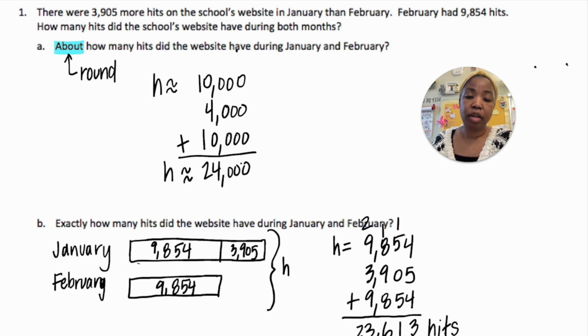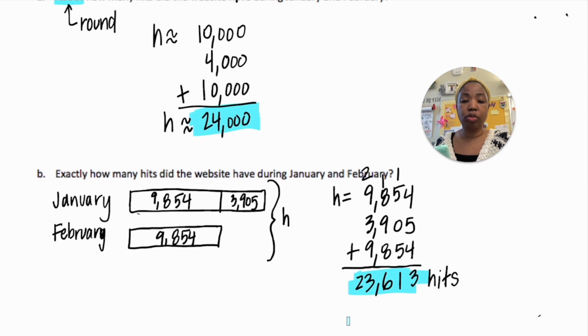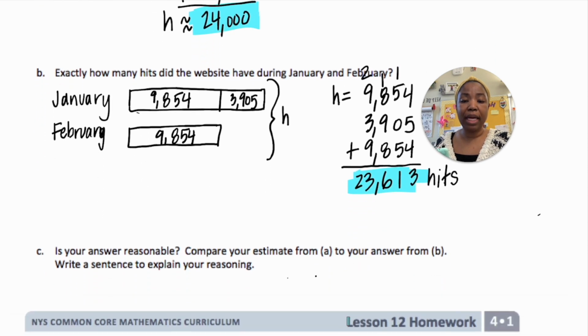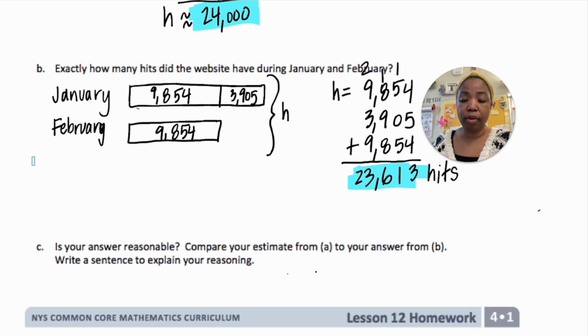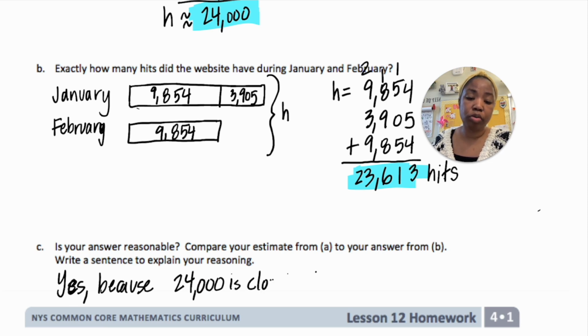When I look at my estimate compared to the exact amount, those numbers are close to each other. So we could argue that our answer is reasonable. So for C, it says, is your answer reasonable? You would say, yes, it is reasonable because my estimate is close to my exact answer. 24,000 is close to 23,613.